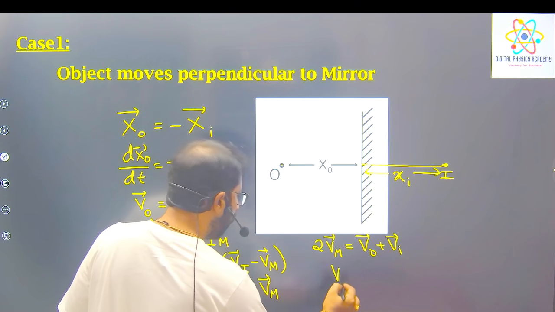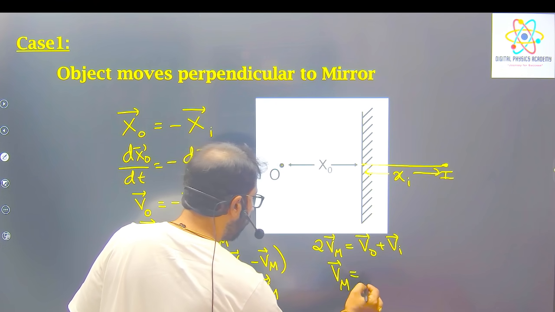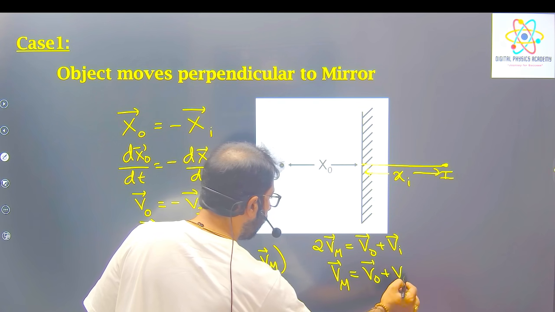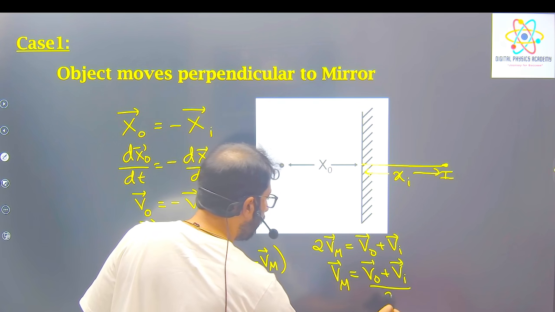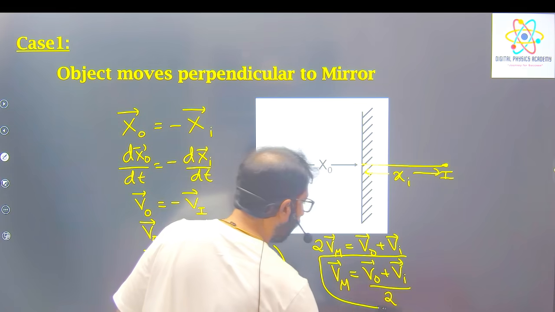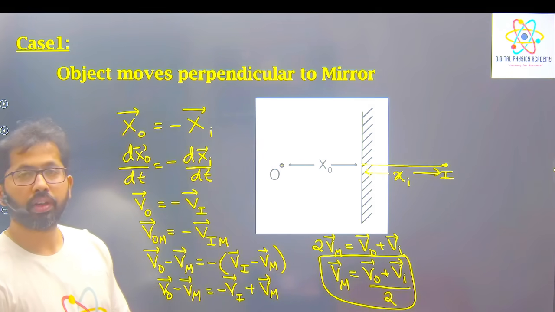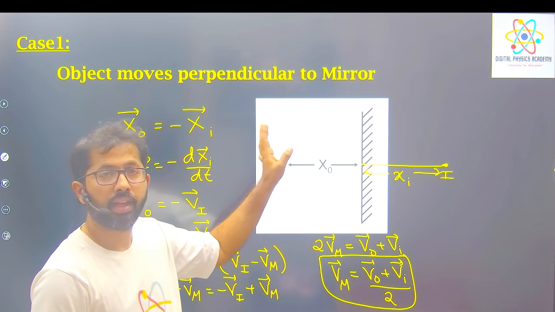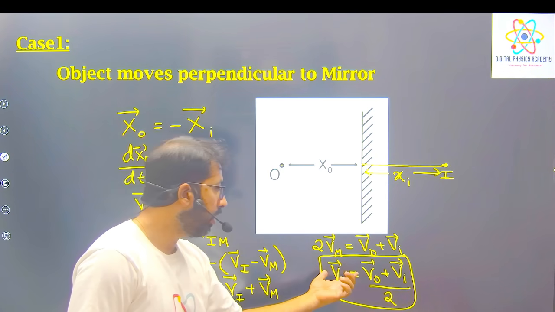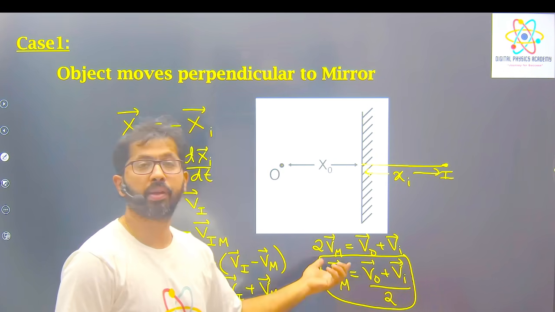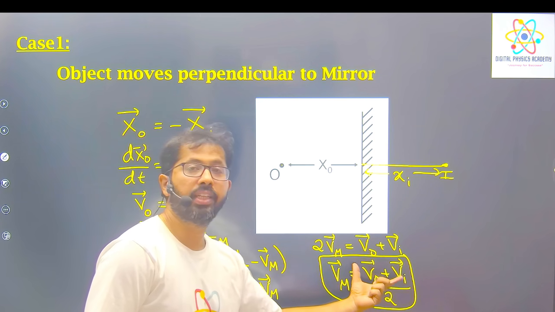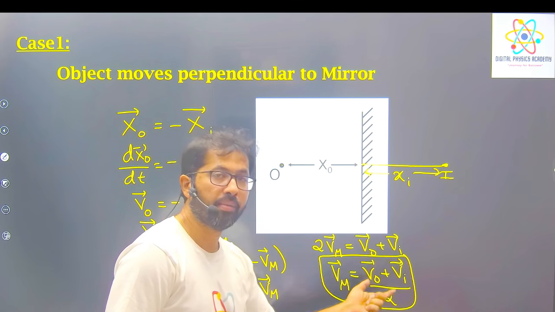So therefore VM is equal to (VO vector plus VI vector) by 2. So this is a formula you have to use. Whenever object is moving and mirror is also moving, at that time we can calculate the velocity of the image by using this formula. So velocity of the mirror is equal to the average, indirectly we are doing average, right? VO plus VI by 2.